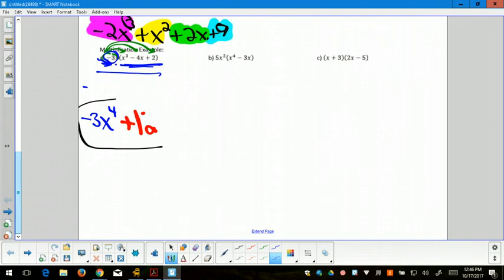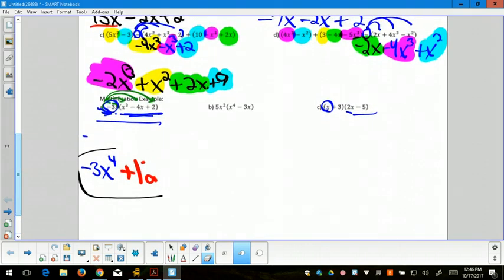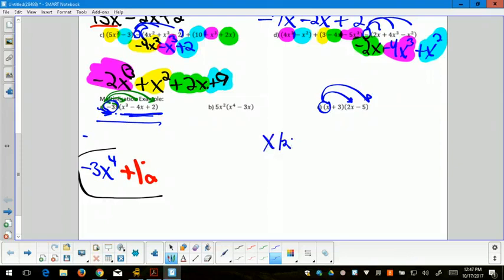So for letter C, this is where the firsts come from, right? Here's x. I have 2 terms, and I'm distributing them into here. What I'm going to do is take this x and distribute it to both of these terms. By the way, that is the same as doing firsts, the x and the 2x, for those of you who like to FOIL.